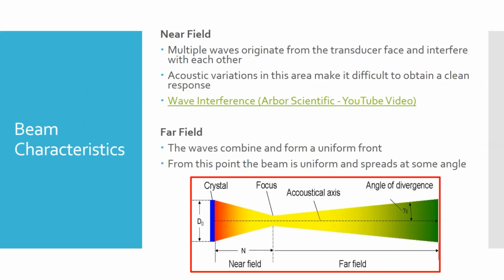The area directly in front of the crystal, the near field area, is not very useful for finding indications. We get a lot of that interference taking place, and so we typically don't say that we can accurately find indications in that area.